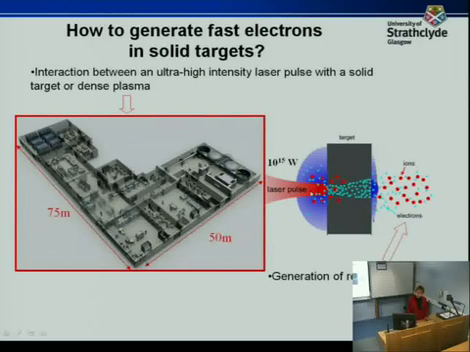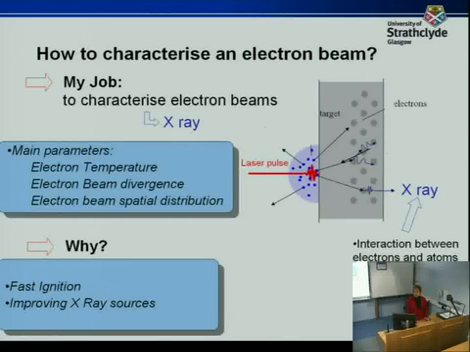When the petawatt pulse interacts with the solid target, we manage to generate free electrons, and those electrons travel through the target close to the speed of light. My job is to characterize the electron beam when it is traveling through the solid target.